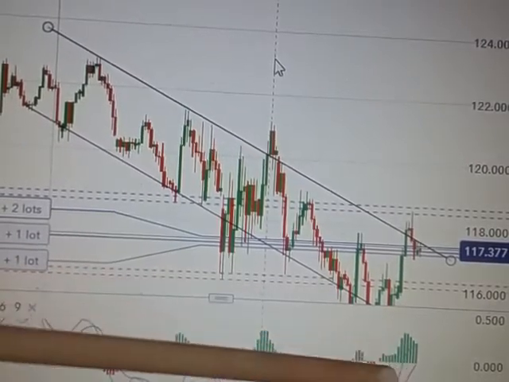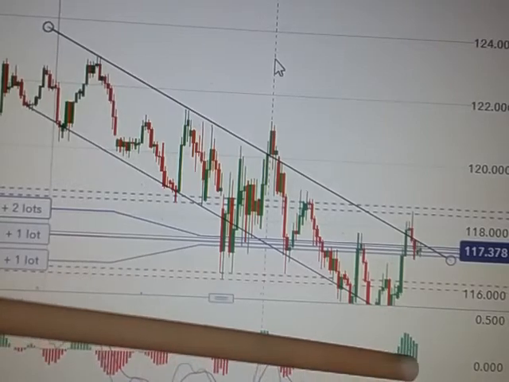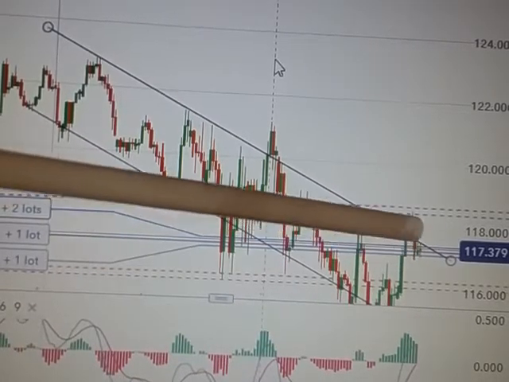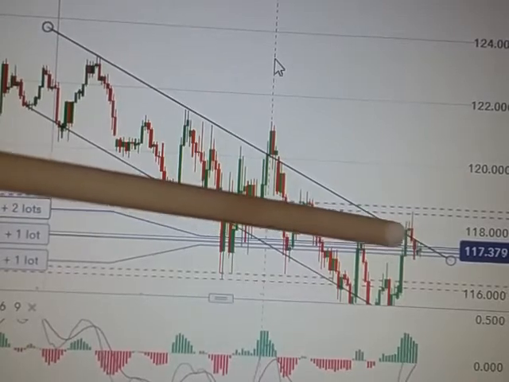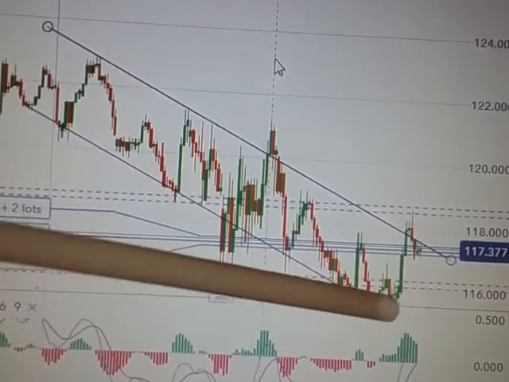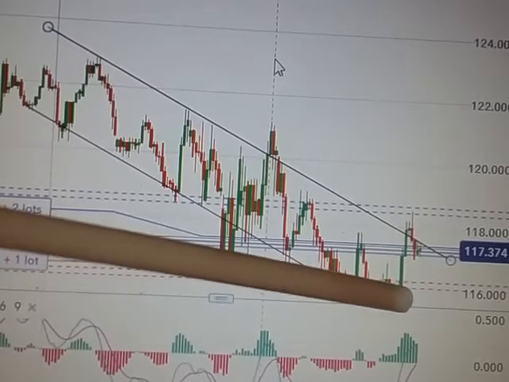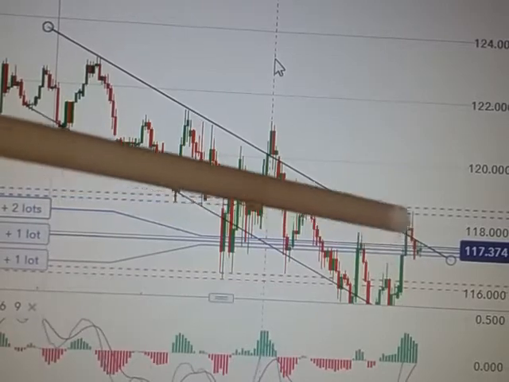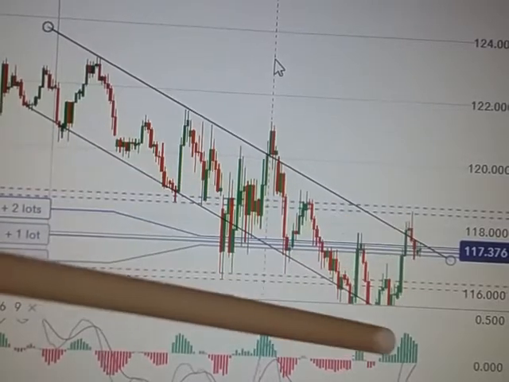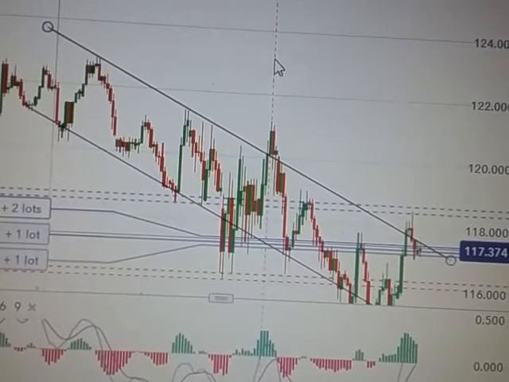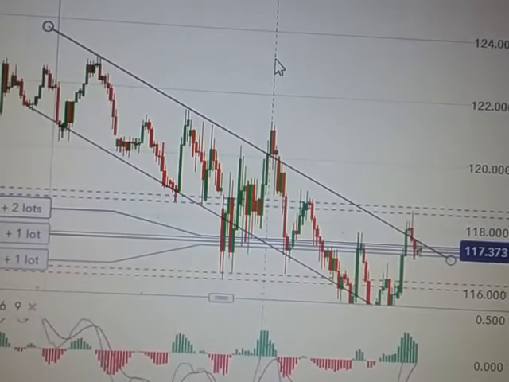What you see is a huge spike up. It went from here to here, and on the daily that would be about 7 days. So it went up very quickly, and it looked like it's going to break out of this downward trend. So do you want to buy it or do you want to sell it?